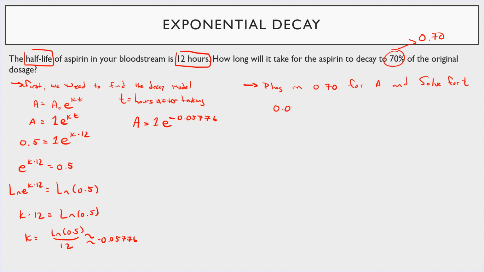So 0.70 is equal to, I can drop the 1, e to the minus 0.05776t. Take the natural log of each side.